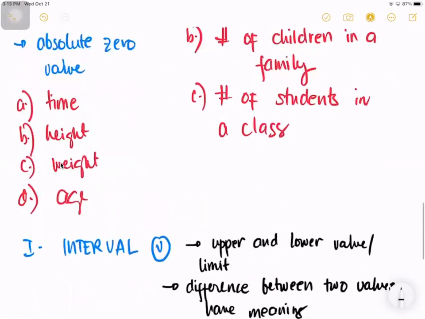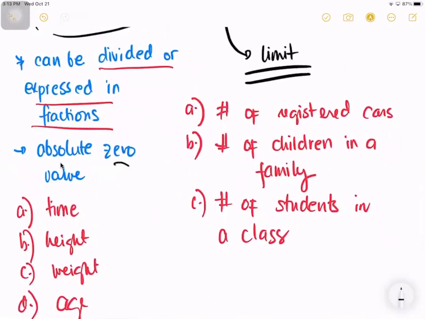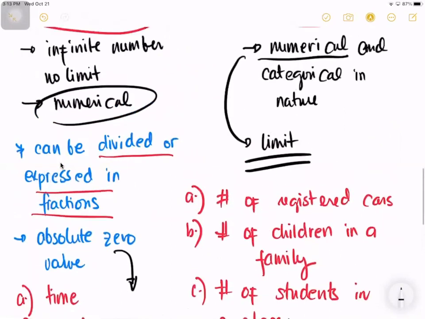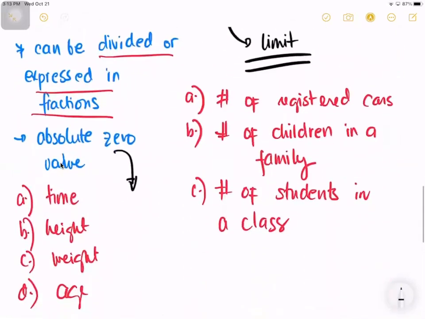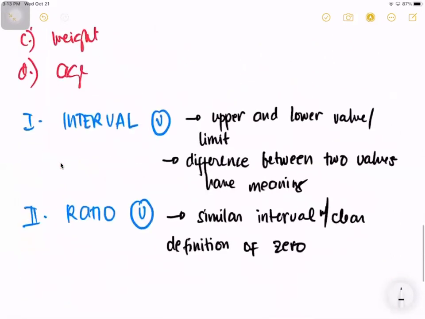That is why, if we go back to our definition a while ago, the absolute zero value under our continuous variable refers to your ratio variable. So the absolute zero value is only true for your ratio variable. Now, for your interval, we can assume a certain negative value.